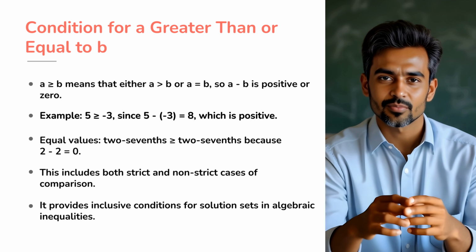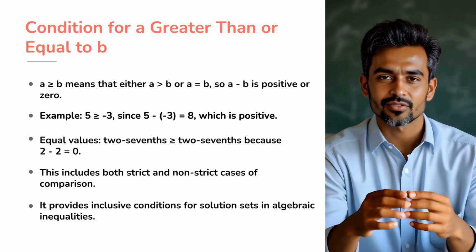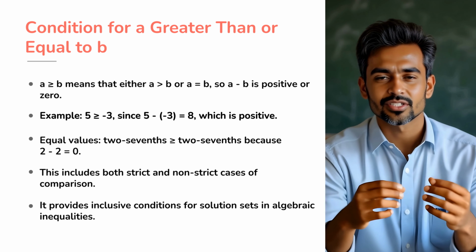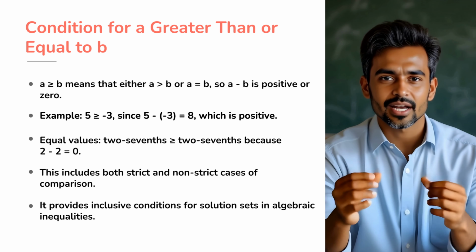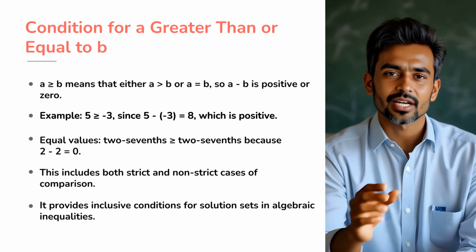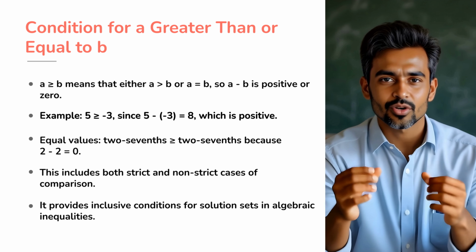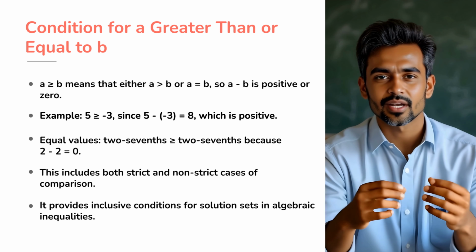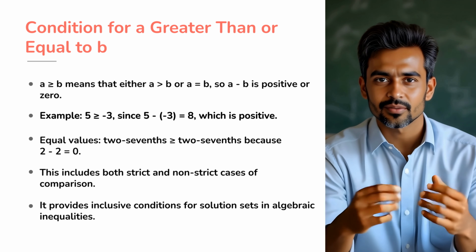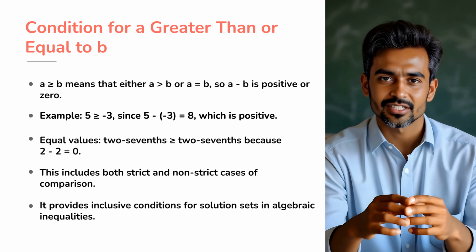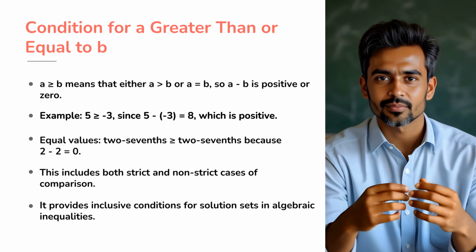That's because 5 minus negative 3 equals 5 plus 3, which equals 8. Clearly positive. Now try 2 divided by 7 is greater than or equal to 2 divided by 7. Because 2 minus 2 equals 0, and 0 is acceptable here. So, the condition holds if A minus B is either 0 or a positive number.